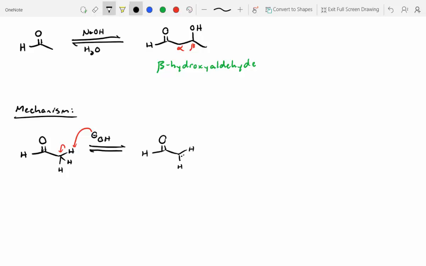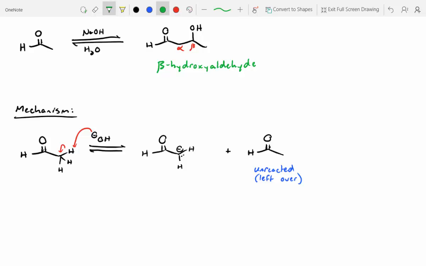I'm going to draw in both of these hydrogens just for the time being. And what do you think happens if we've got more acetaldehyde around? So let's assume we've got another equivalent. I'm just going to write leftover or unreacted. What do you think could happen? Yeah, we've got a good nucleophile, we've got a good electrophile, right?